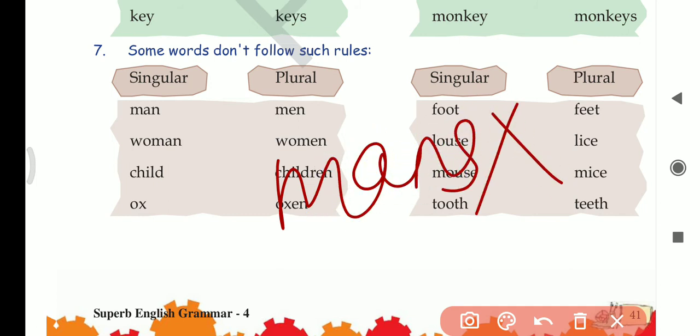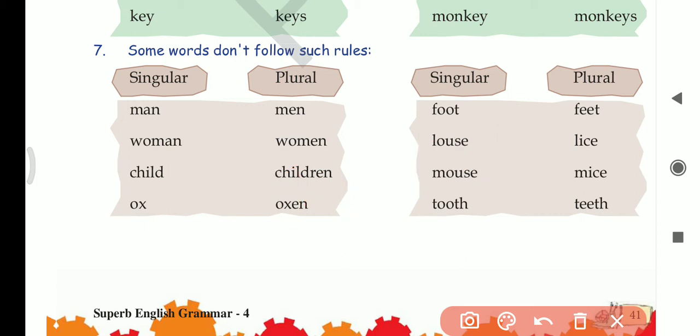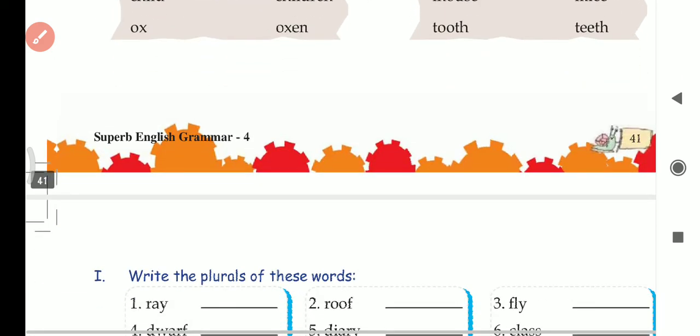Woman, women. Here also we don't write s. Women's we don't say. We say women. Child, children. Childs is wrong. The plural of child is children. Similarly, ox, oxen. Foot, feet. Louse, lice. Mouse, mice. Tooth, teeth. So they do not follow any rule.